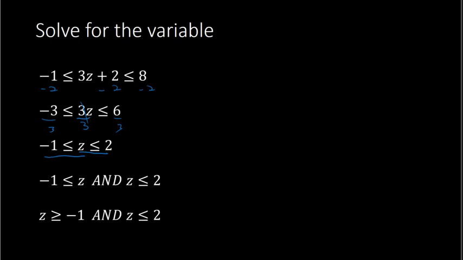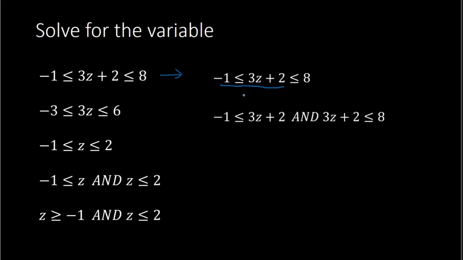The other way is by separating this statement into two different statements. What I could have done is taken this right here and written that as one statement. So I have -1 is less than or equal to 3z plus 2. And then my second statement is 3z plus 2 is less than or equal to 8.